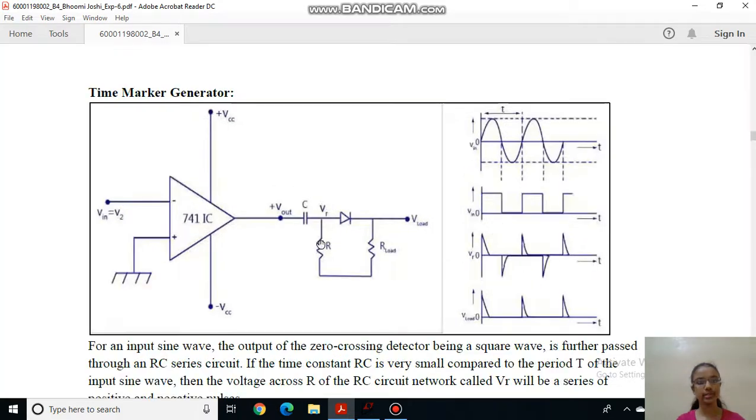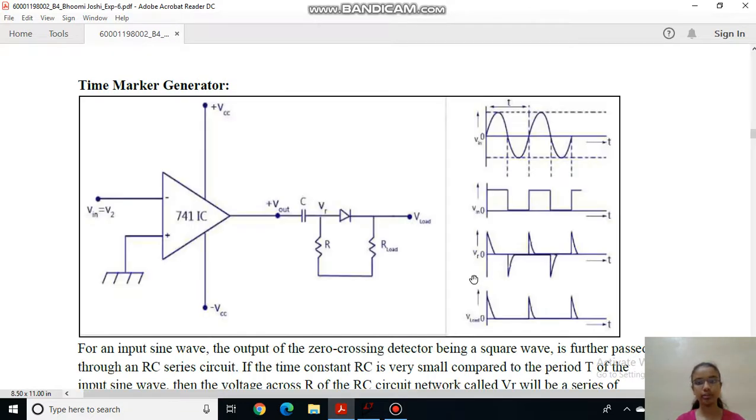So as you can see, this is a circuit. This circuit is a zero crossing detector circuit. The only change is this R and C components and this diode. So as you can see in the waveform, input is sine wave, output is square wave, and because of this R and C component we are getting spikes.